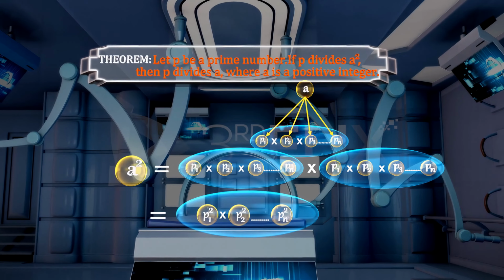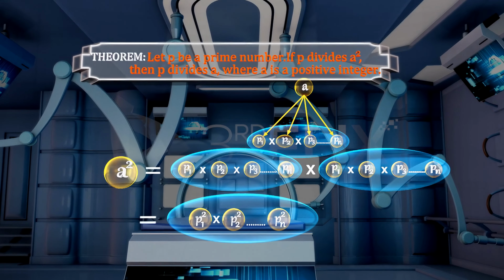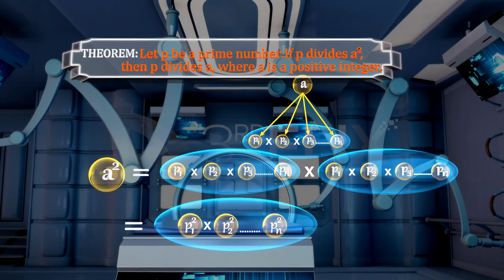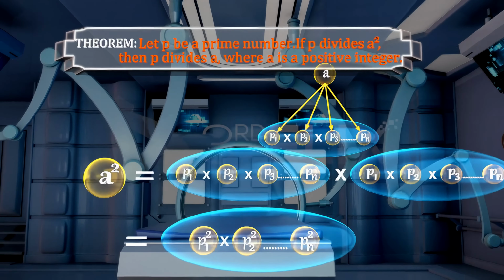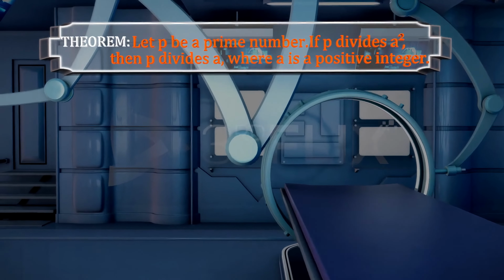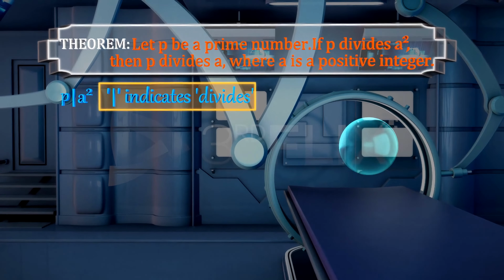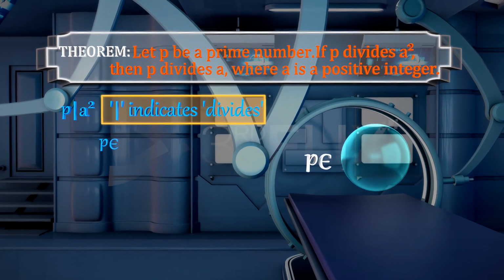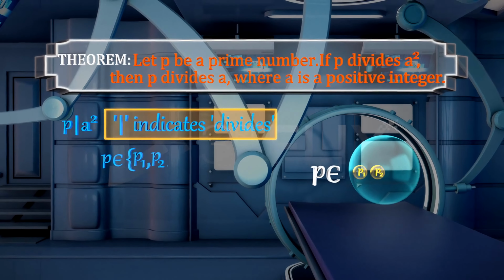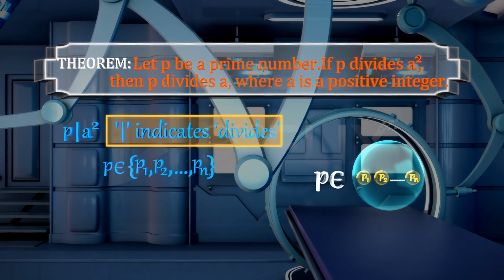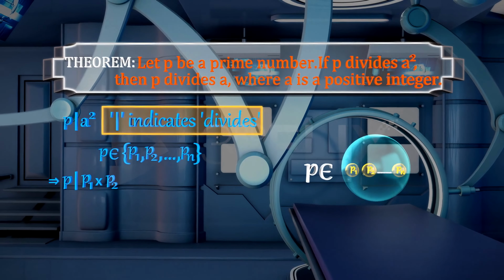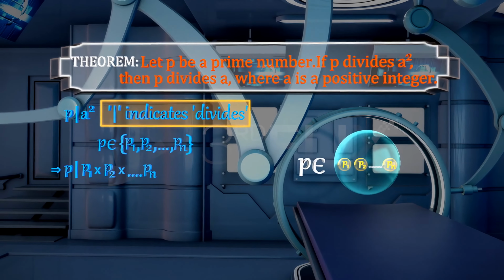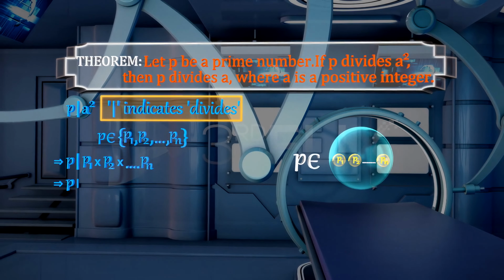Here we observe that p1, p2, p3, so on, pn are the only prime factors of a square. Given that p divides a square implies p is one of p1, p2, so on, pn, implies p divides p1 into p2 into so on, pn, implies p divides a.